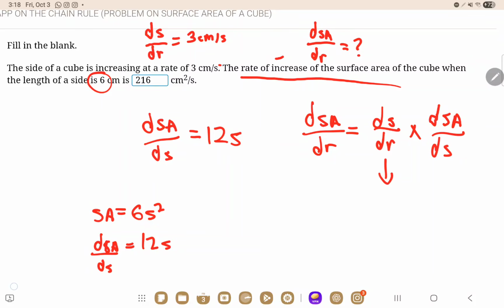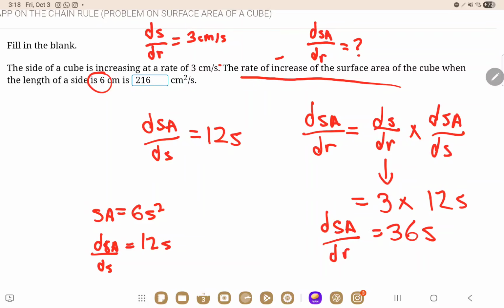So this was given as 3, this was given as 12s, and we need to find now. And then you find it is 36s. So the derivative of SA with respect to time is 36s.